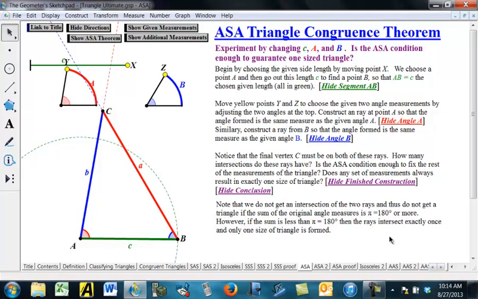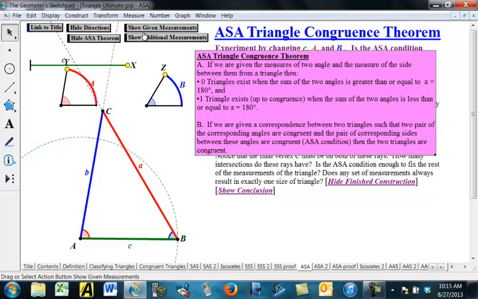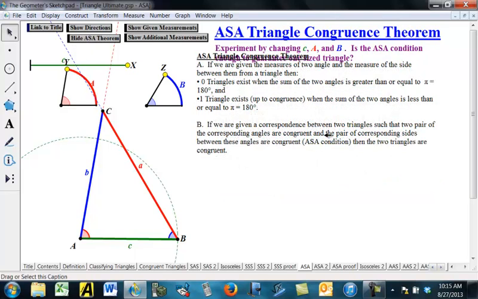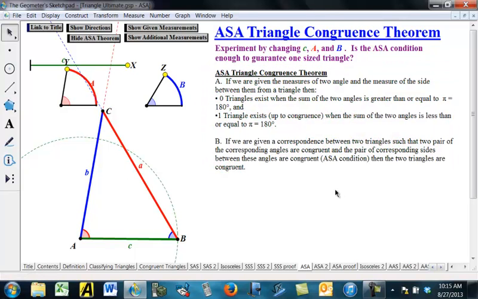So the conclusion is we do not get a triangle at all if the two angle measurements add up to 180 degrees or more. But if the sum is less than pi, that is 180 degrees, then you do get exactly one triangle. Then we have the angle side angle congruence theorem, and it says this.